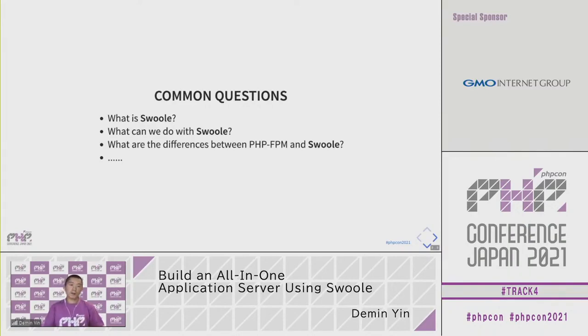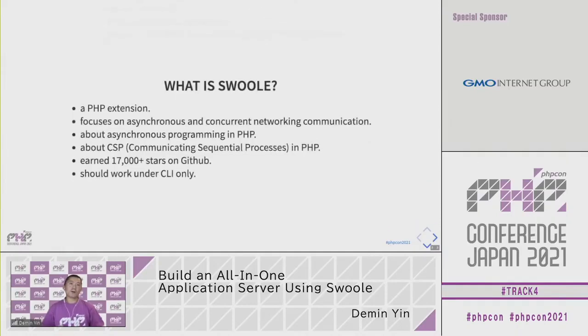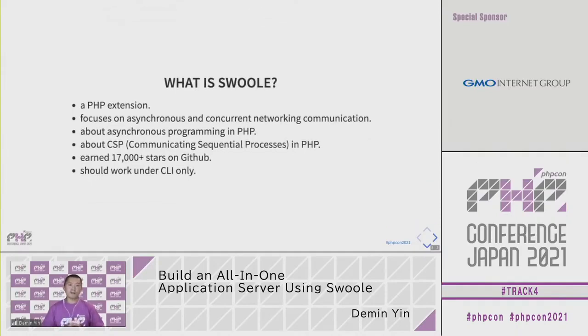So the first is, what is Swoole? Swoole is a PHP extension, but it's not the same as some other PHP extensions we used to use, like PDO, Opcache, or APCu. This extension focuses on two things mainly.